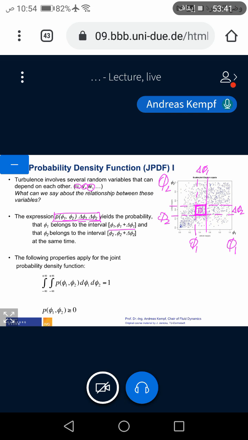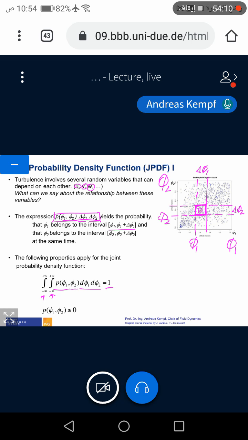For the joint probability function, the following properties apply. First of all, the integral over the joint probability density function must be 1. So if we integrate phi 1 from minus infinity to plus infinity, and phi 2 from minus infinity to plus infinity, the integral of the probability density of phi 1, phi 2, d phi 1, d phi 2 must be 1.